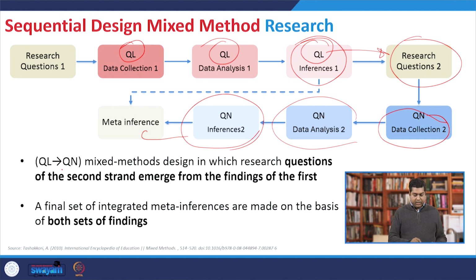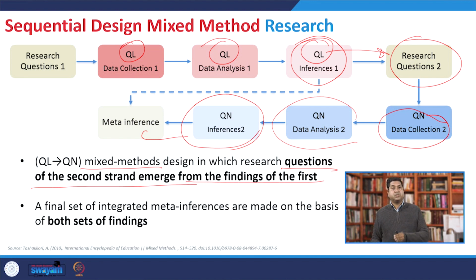In this particular case, it is a sequence, a qualitative to quantitative mixed method design, in which the research questions of the second strand emerge from the findings of the first. First we conduct the qualitative study and then the quantitative.